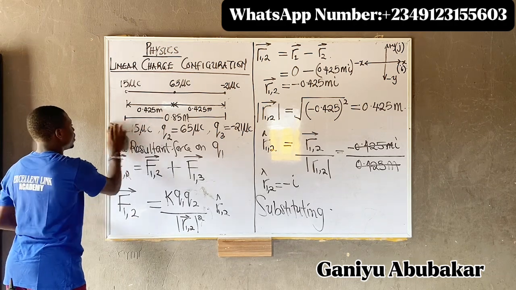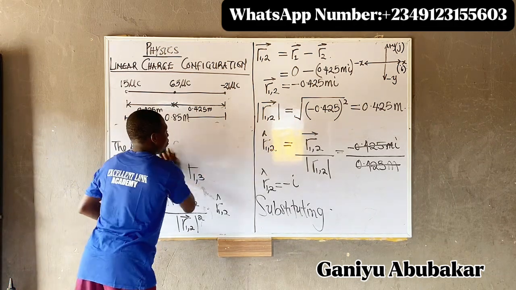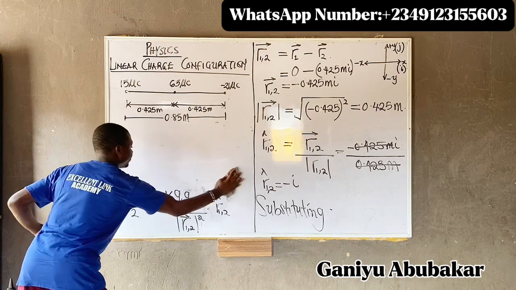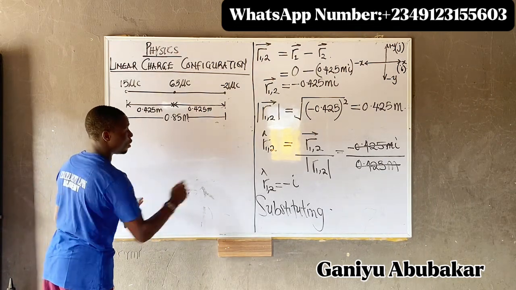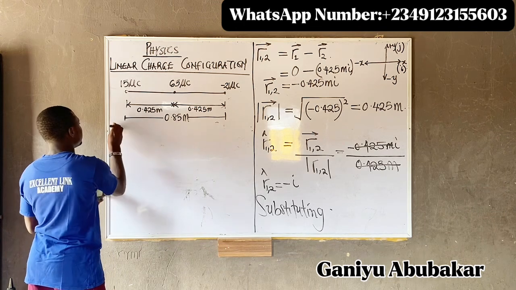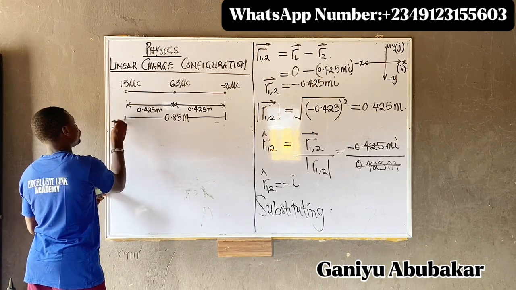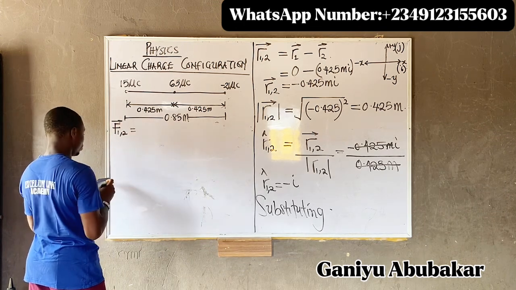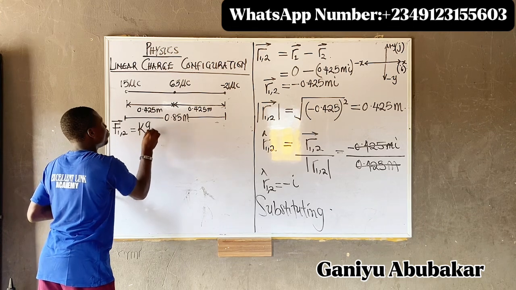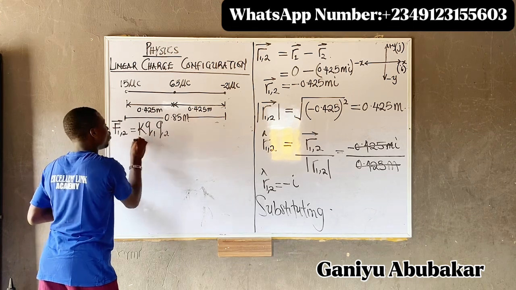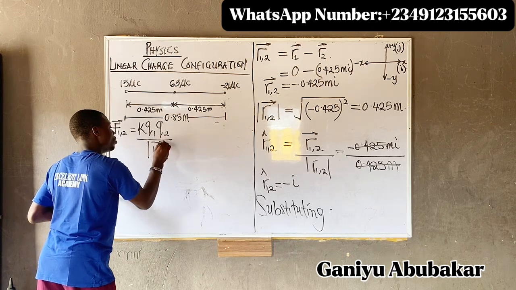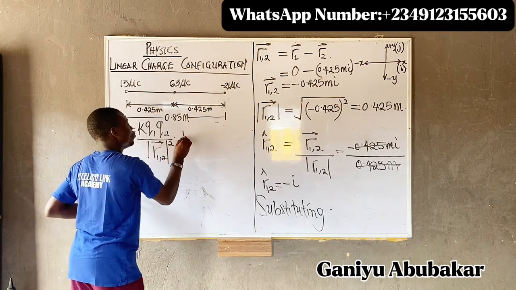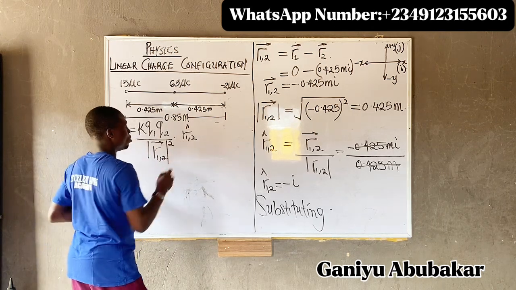So take this off. All right. Let's get the exact value of F12. Recall we said F12 is equal to K Q1 Q2 all over the magnitude of R12 all squared, dot the unit vector of R12.